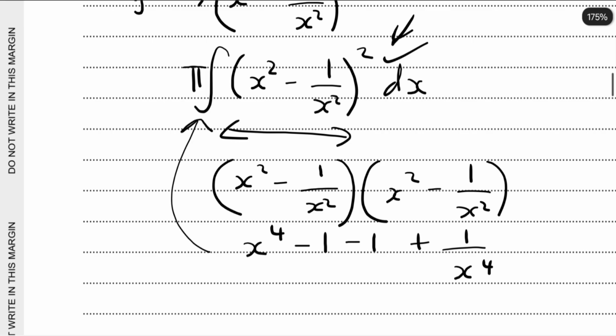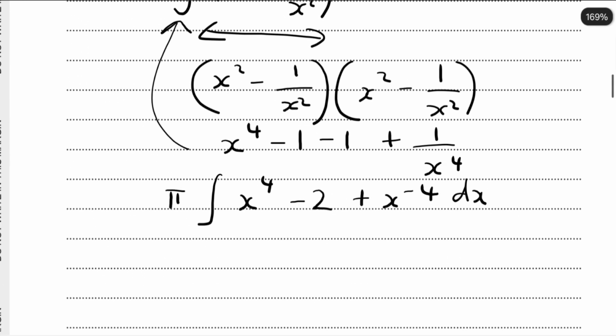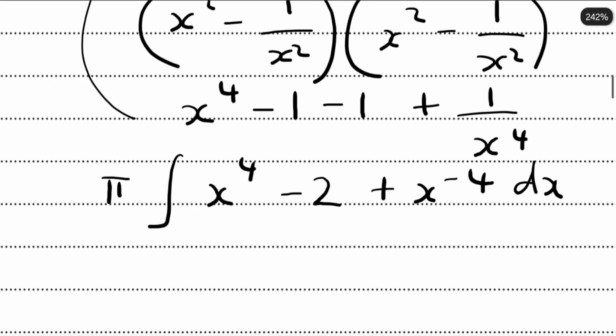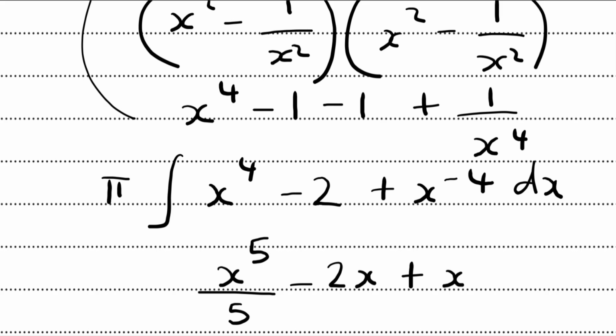Now going back to this, it's pi integral of x to the 4 minus 2 plus x to the power minus 4 dx. Now integrating this is x to the 5 over 5, then minus 2x, plus x to the power, adding 1, it will be minus 3, then we divide by the new power.